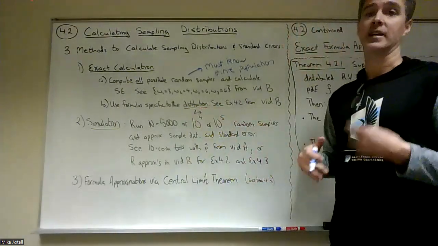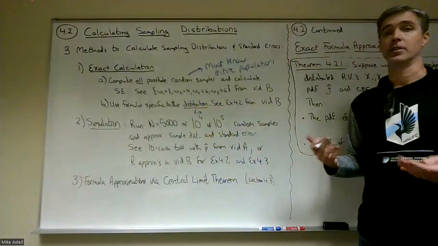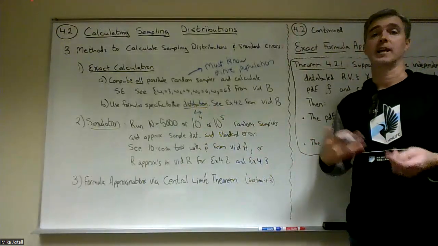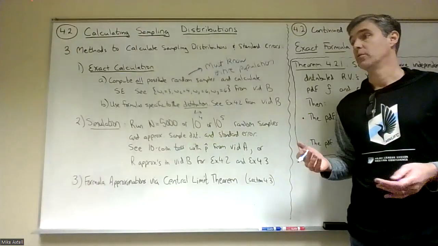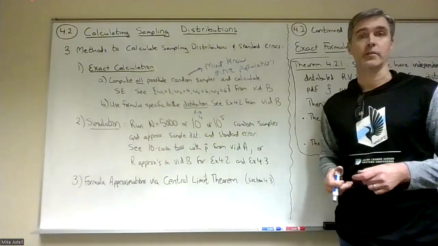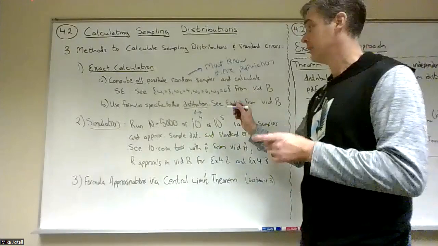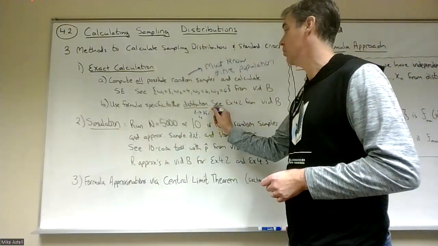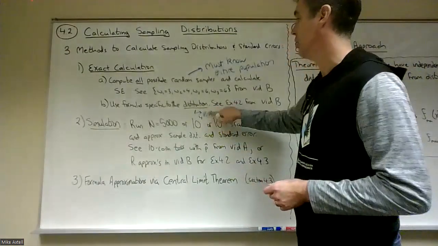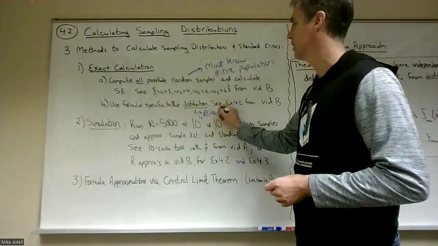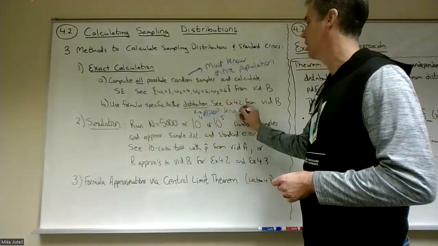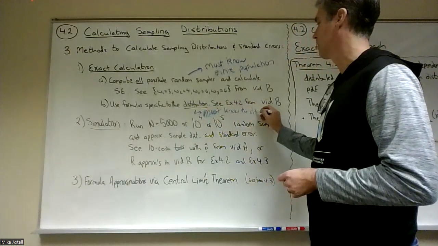And then we got the exact standard error of the sampling distribution for the test statistic, the sample mean of whatever it was, 10 random values, okay? But in this case, again, we must know the distribution.